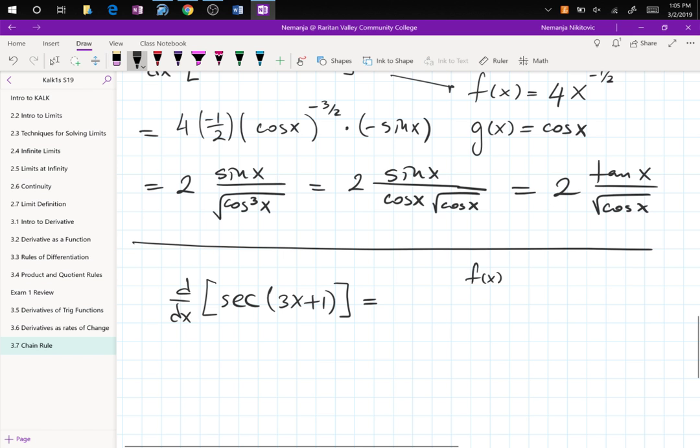So our outer function f of x is secant x, and our inner function is 3x plus 1.